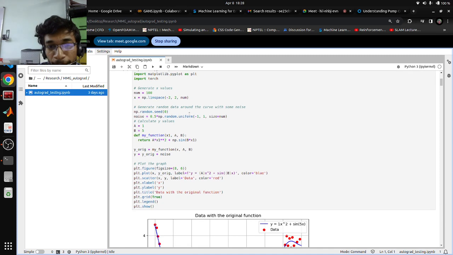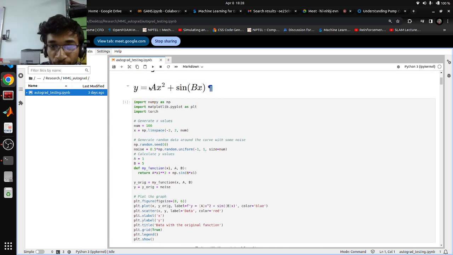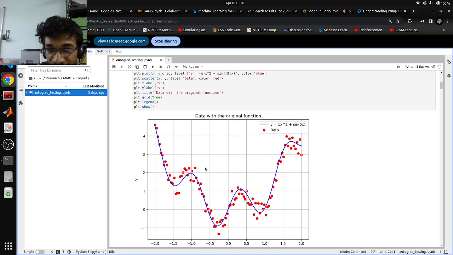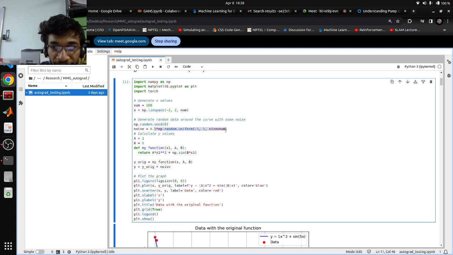If you want to apply a gradient descent sort of methodology for such a problem, this is your hypothesis function, ax square plus sine bx, and you want to find what a and b values should be so that you get this data. The red ones are the samples that you collected, let's say, from your measurements, and these are quite noisy. I've added some uniform random noise to it.